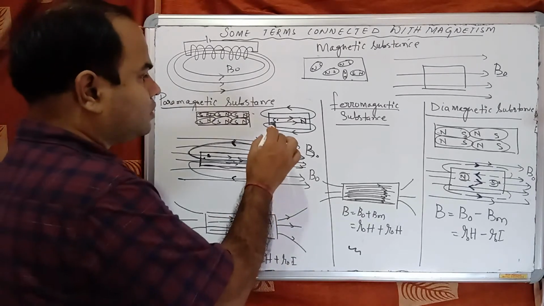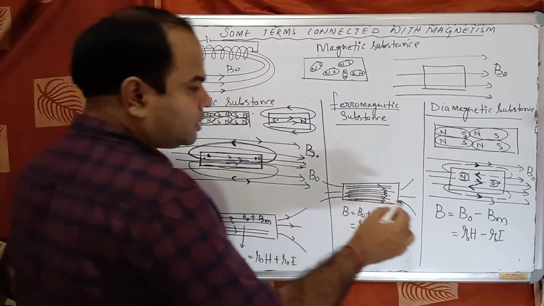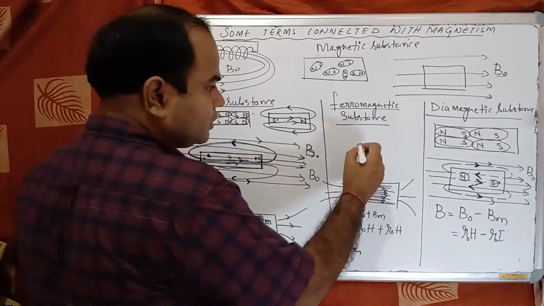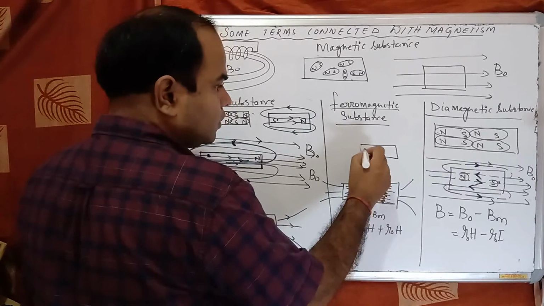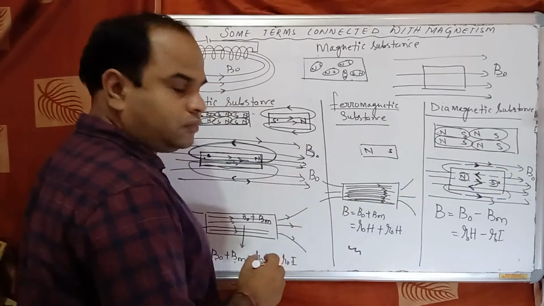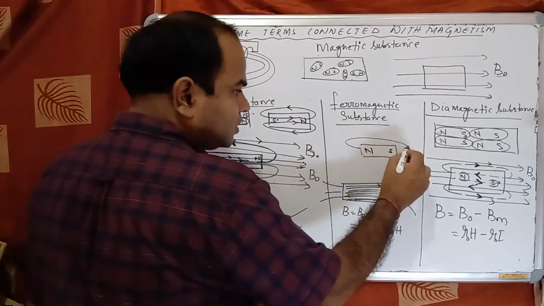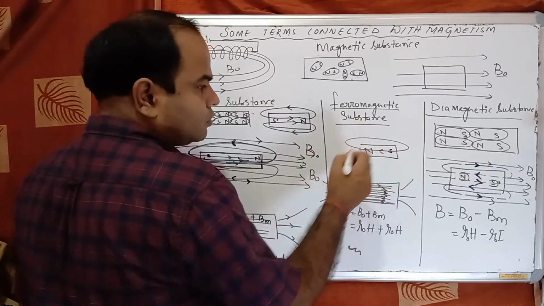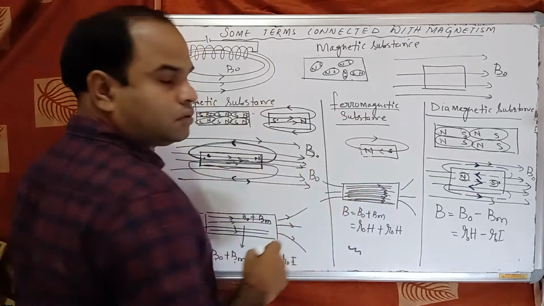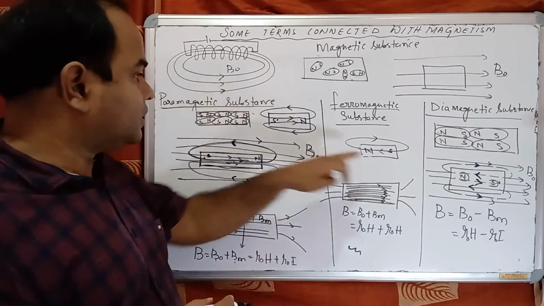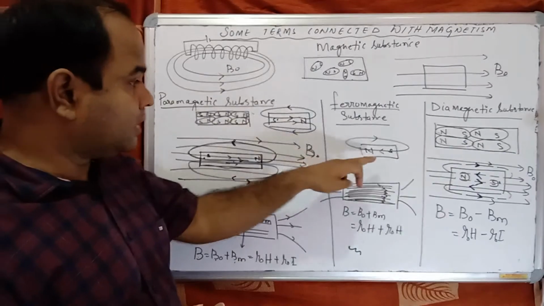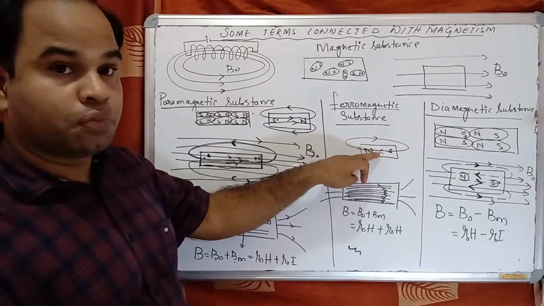So here this is south, north, and here that is north, south, like this. North, this is south. So if you consider the magnetic field, inside it is south to north, outside north to south. So inside, the external magnetic field direction and this induced magnetic field direction are opposite.